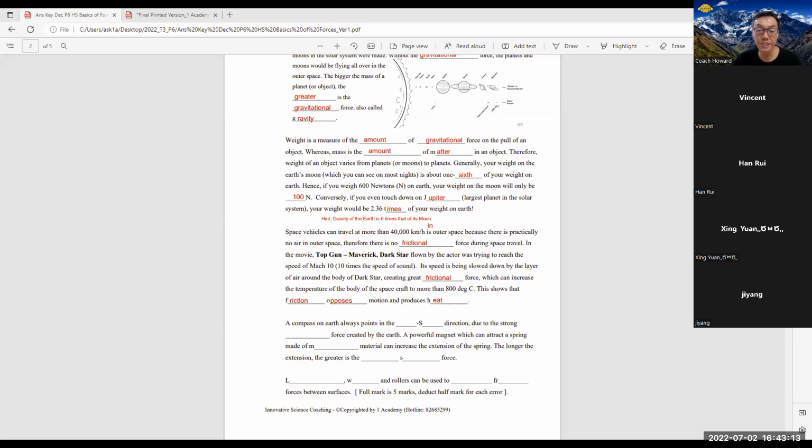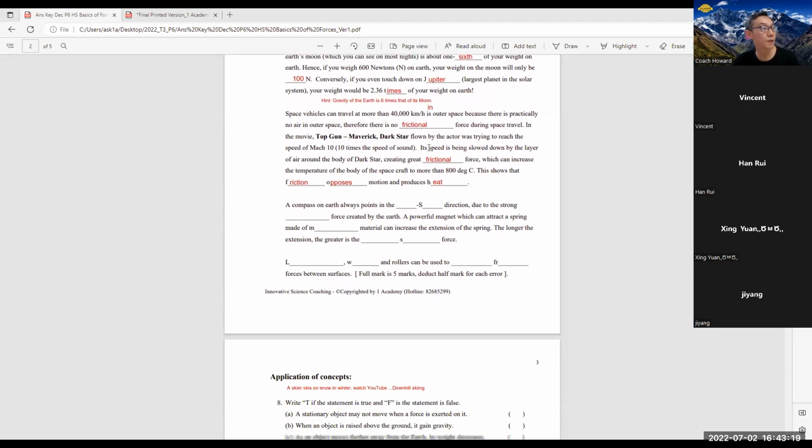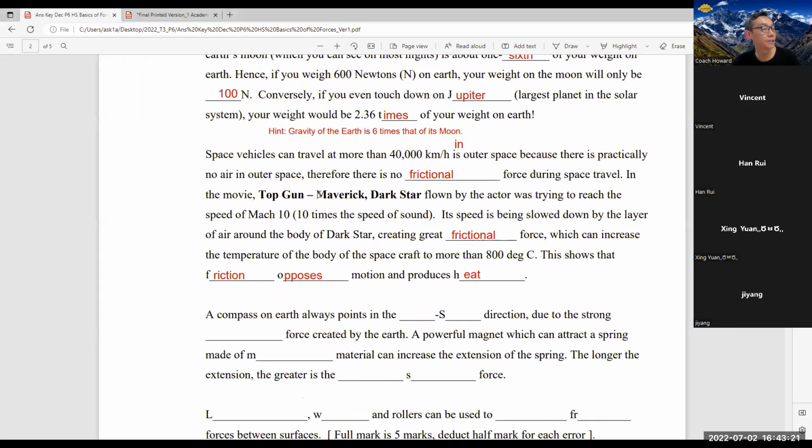I'm going to screen share to explain this part. In the movie Top Gun, Maverick is the actor being acted by Tom Cruise. He's flying this experimental plane. They are actually testing it to see whether it can reach 10 times the speed of sound.